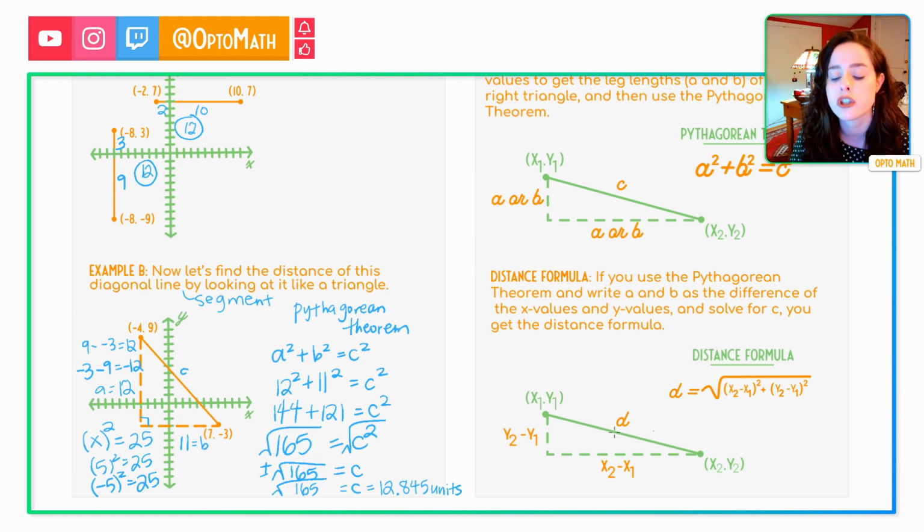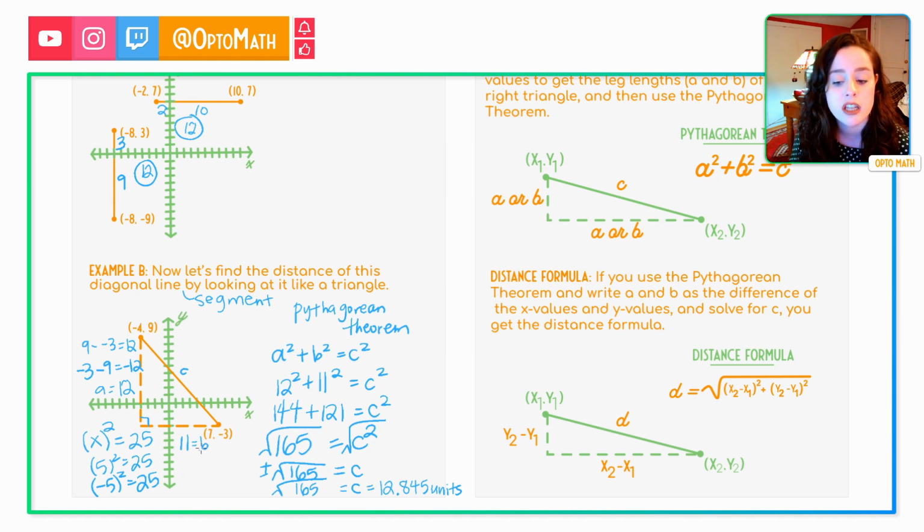Think about, you're going to square this 12 anyway, because it's either A or B and it's squared in the Pythagorean Theorem. So that's why you're squaring this y2 minus y1 in your distance formula. So when you square something, we've already discussed that even if you're squaring a negative number, it ends up positive. So you won't need to worry about your subtraction ending up negative because you're going to square it anyway and it's going to end up positive in the end.